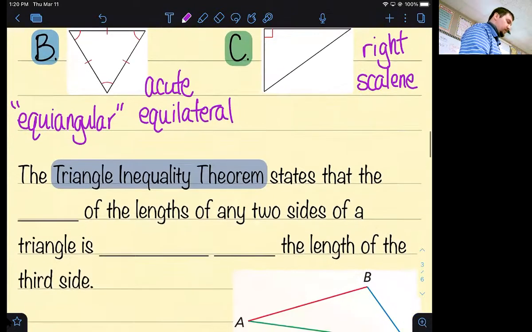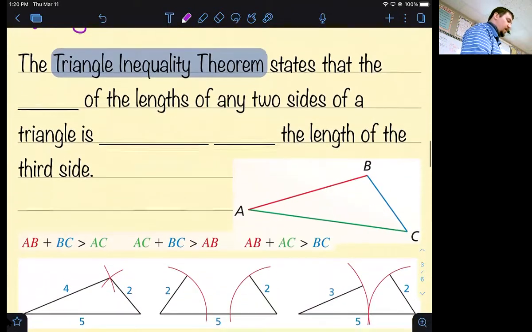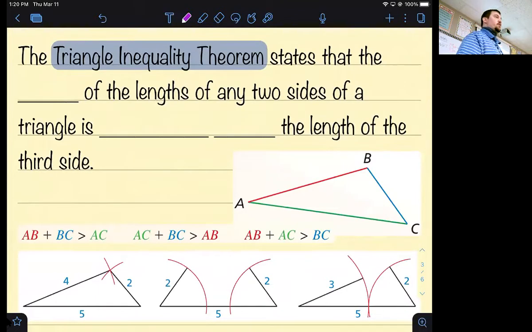Okay. So I want you to remember for a second the frustration of the 2 groups that weren't able to make a triangle yesterday with the yarn, unless of course you overlapped it, which was not allowed. Not every 3 sides can form a triangle.